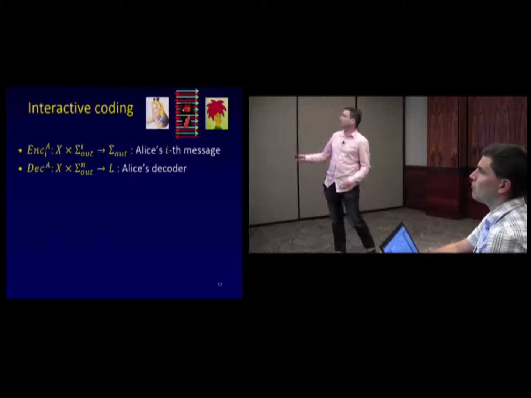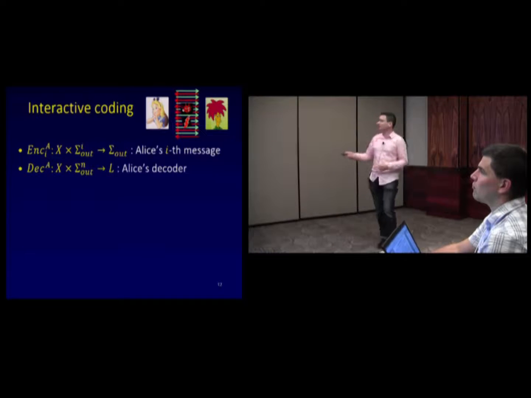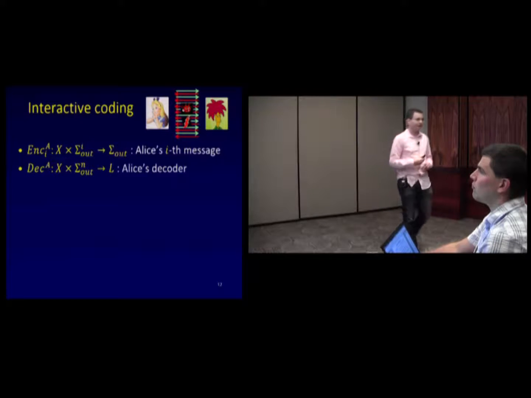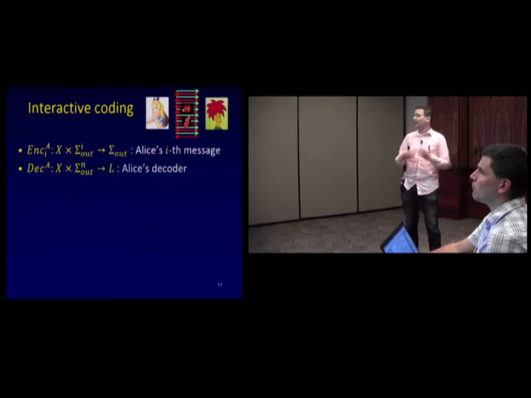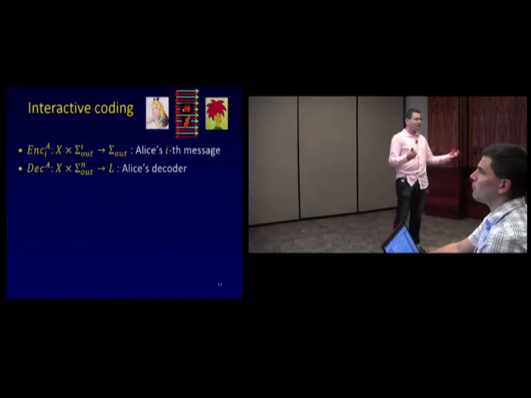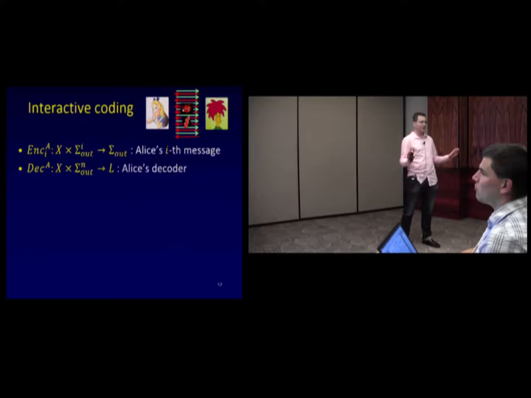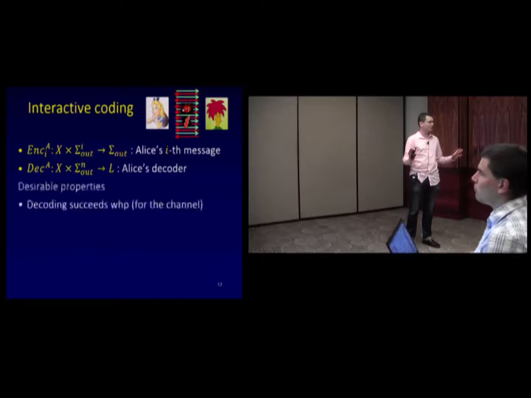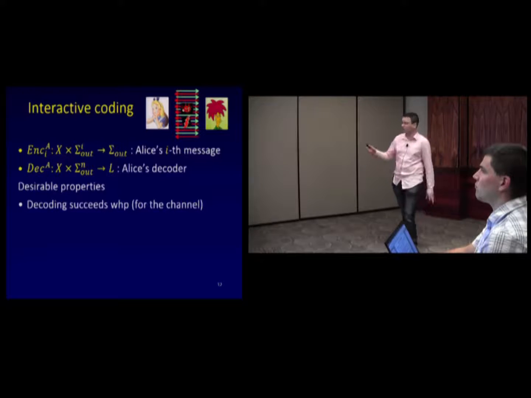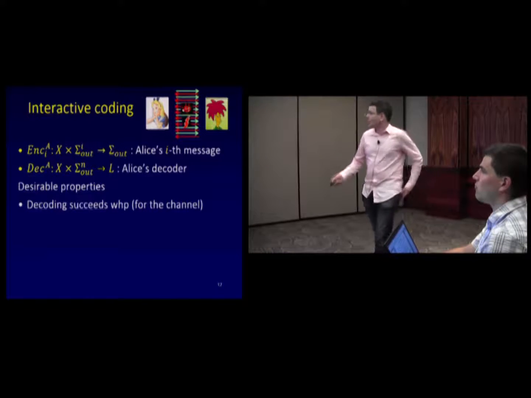And the decoder is supposed to only run in the end. So based on the entire conversation, Alice decodes a leaf, and correctness means that when Alice decodes the leaf and Bob decodes the leaf, both of them have the correct leaf. Any questions about this definition? It's what you expect, there's no catch here.